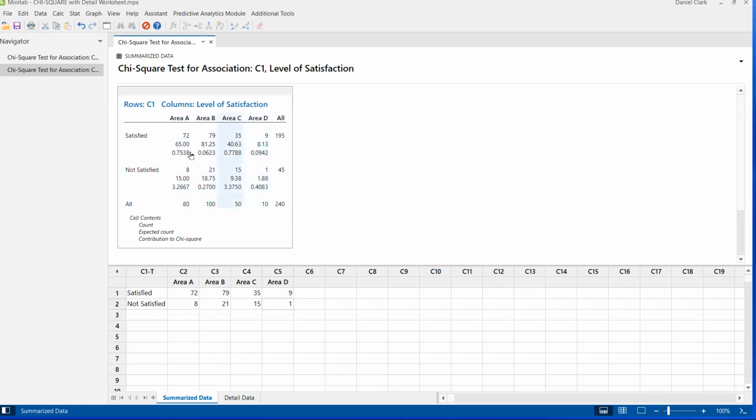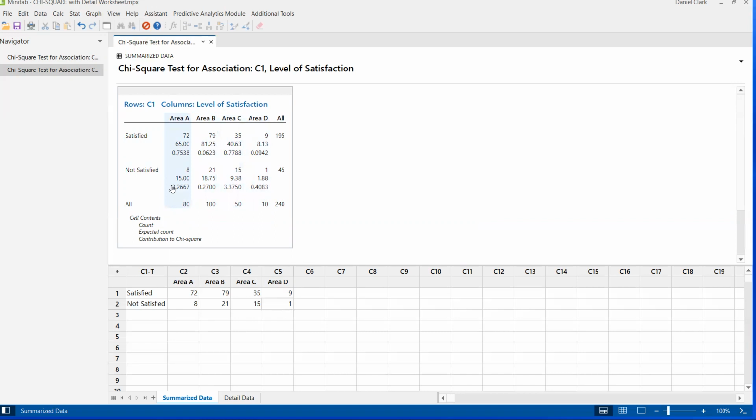You can see area C and area B satisfied customers. Those numbers are a little higher in area B and D. But then under the not satisfied row, you can see the chi-square contribution in area A, 3.2, compared to B of 0.27, area C, 3.37, compared to area D, 0.4.